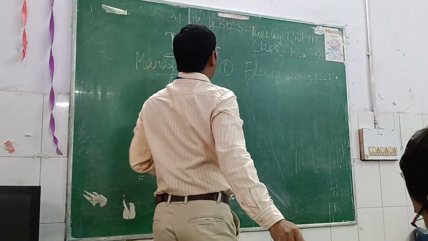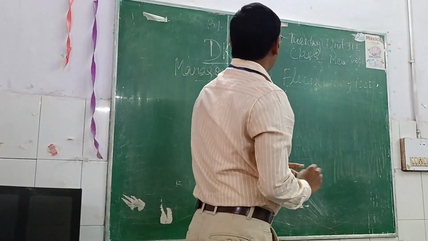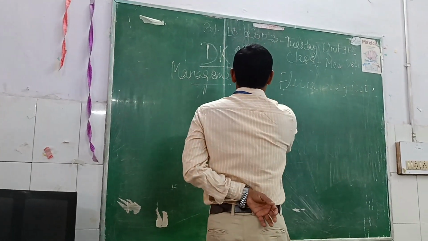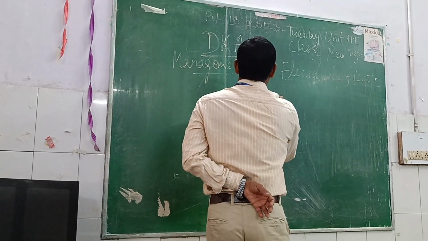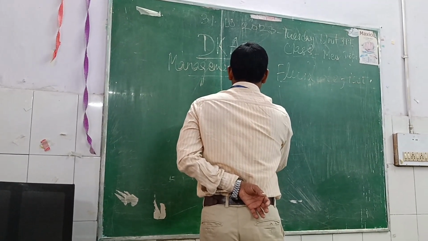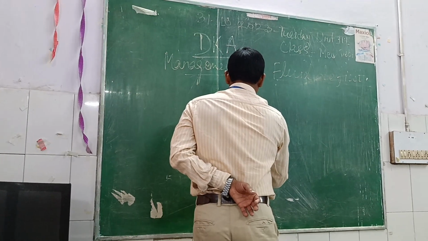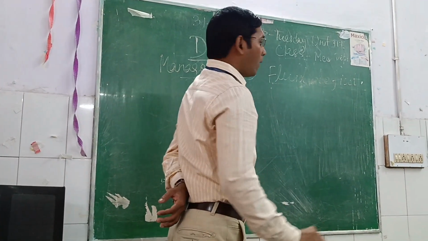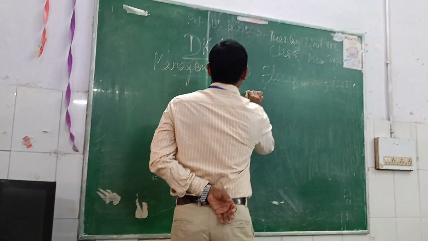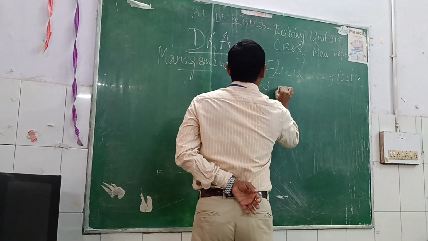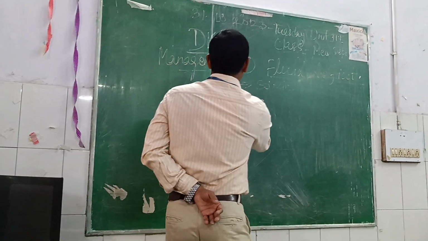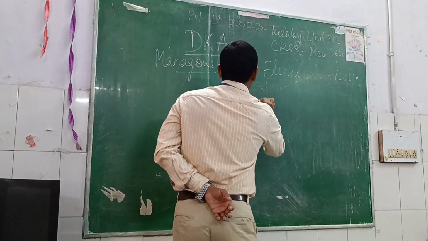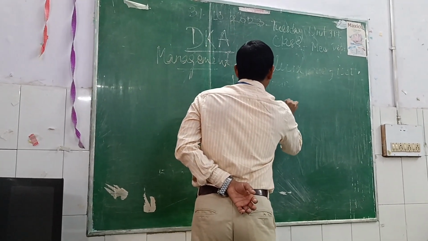A very fundamental principle of fluid deficit is 1 liter, 1 liter, 1 liter and 1 liter. The first 1 liter has to be given in the first 30 minutes. The second 1 liter has to be given over 1 hour.